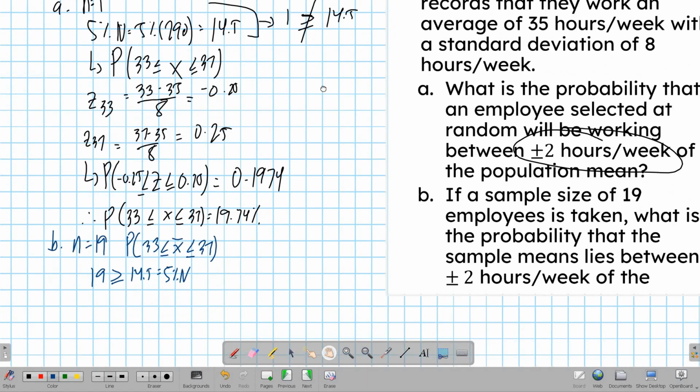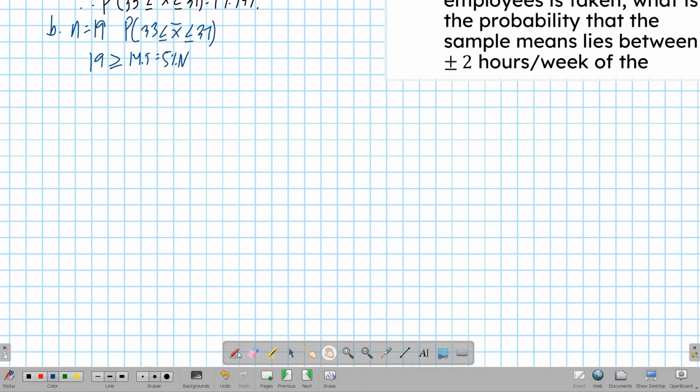So to do so, we compute first our standard error. And since it's the mean, we'll compute the standard error of the mean. So that will be the standard deviation divided by the square root of 19 times our population correction formula. Oops, sorry. Let's fix that.